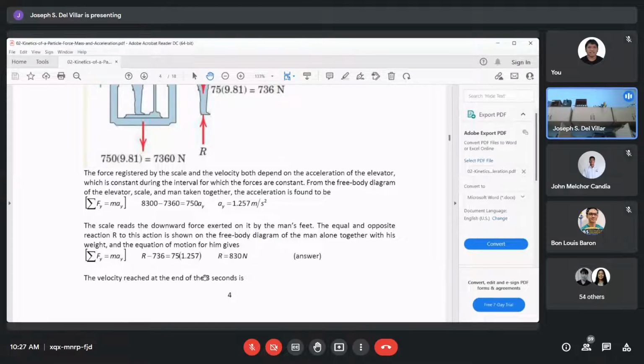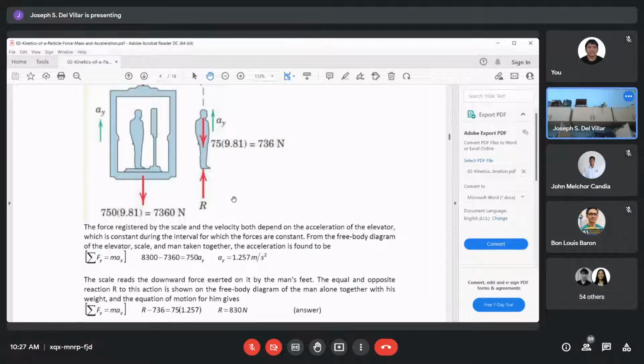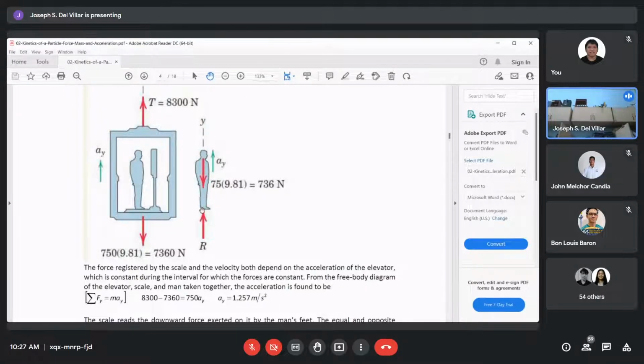Okay? Now, why did we use the same acceleration? Iisa lang naman kasi yung acceleration, whether you separate the man, because the man and the scale are inside the elevator, and together with the elevator, they are all accelerating at the same value. Okay?